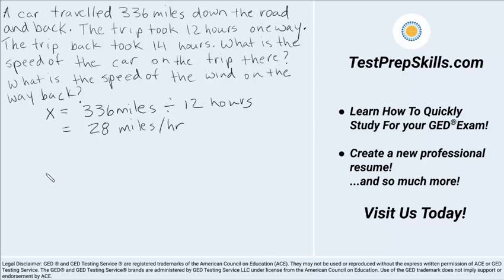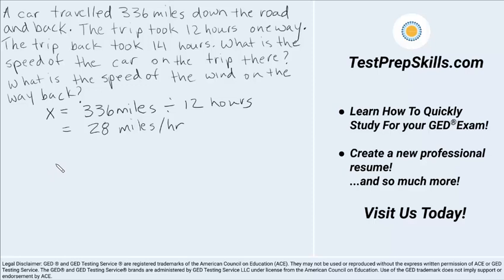Okay, so what that does is it shows us how much stronger overall the wind would have to be to make the car slow down. So they can't be the same speed. The wind is going to have to be a higher speed than what the car was traveling.